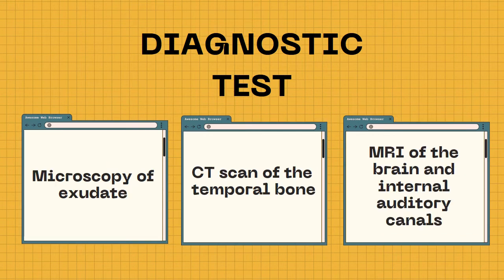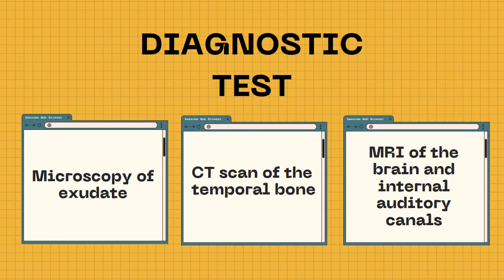We also have a diagnostic test called microscopy of exudate or debris from the ear canal. Also, we have CT scan of the temporal bone with intravenous contrast. Next, we have MRI of the brain and internal auditory canals with and without gadolinium.